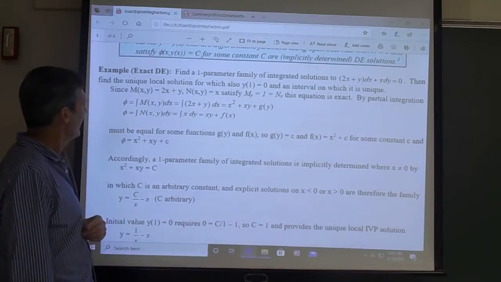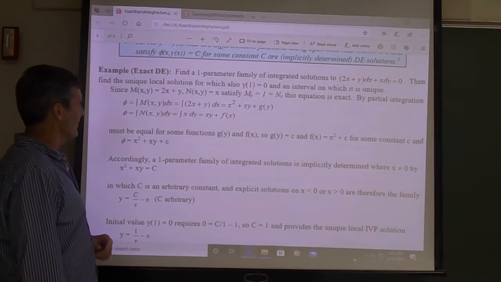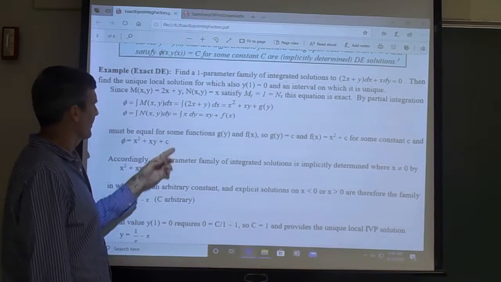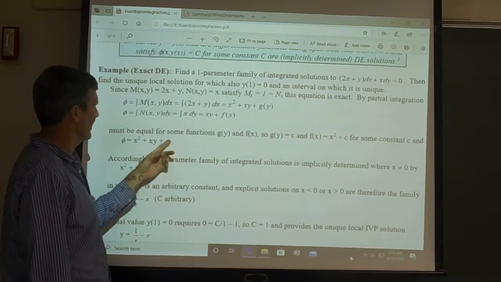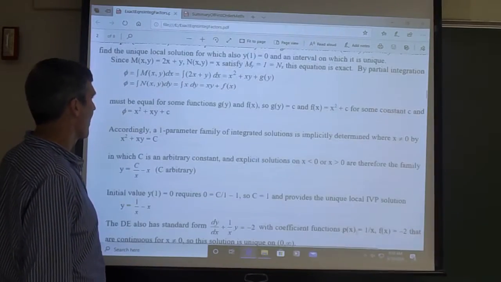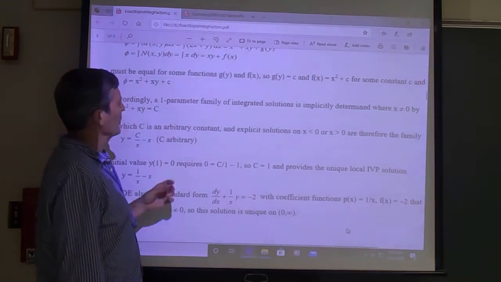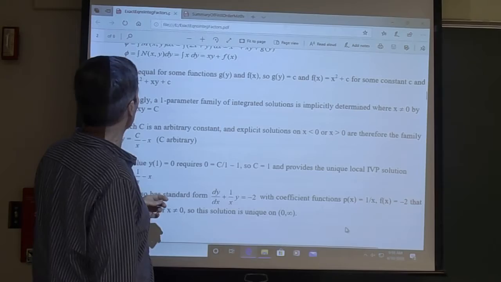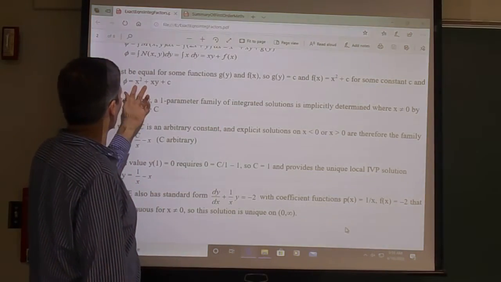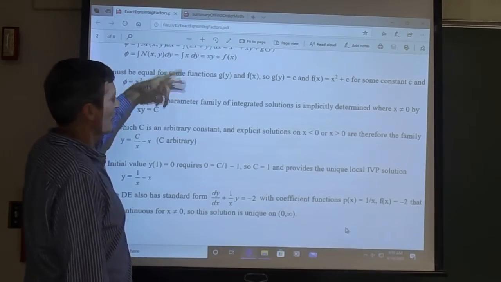All right. Now, this generates what we call a one-parameter family with c the parameter, just meaning the parameter is an arbitrary constant. Accordingly, a one-parameter family of integrated solutions is phi of x, y equals a constant, capital C, let's say, right? That's what the theorem said.